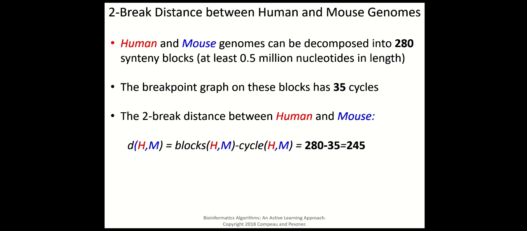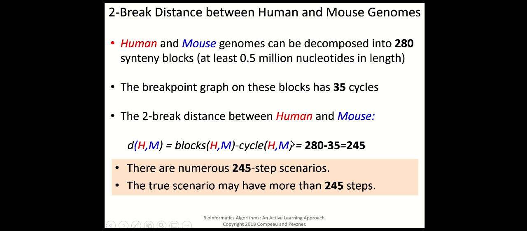We know that human and mouse genomes can be decomposed into 280 synteny blocks of at least 0.5 million nucleotides, that the breakpoint graph on these blocks has 35 cycles, and that the two-break distance between human and mouse as a consequence is 245.